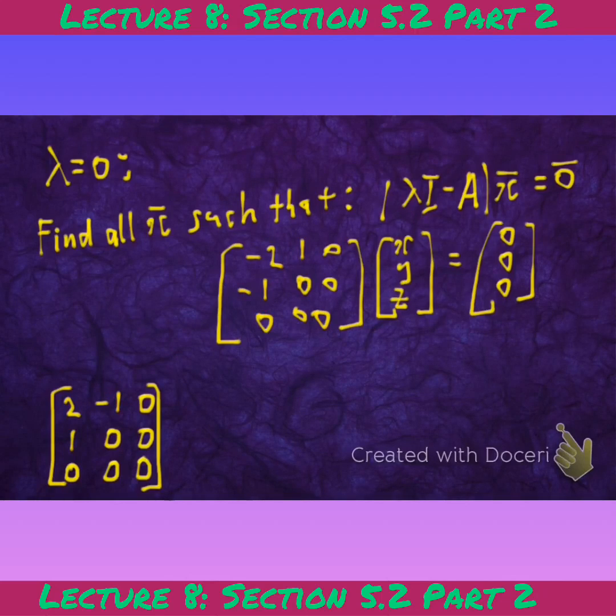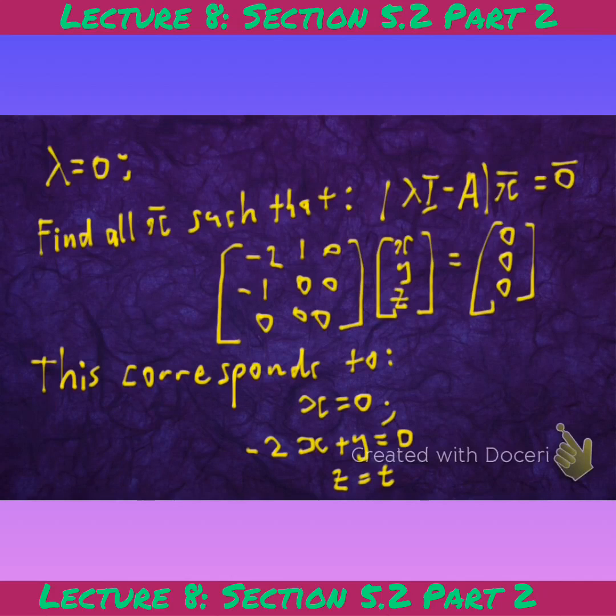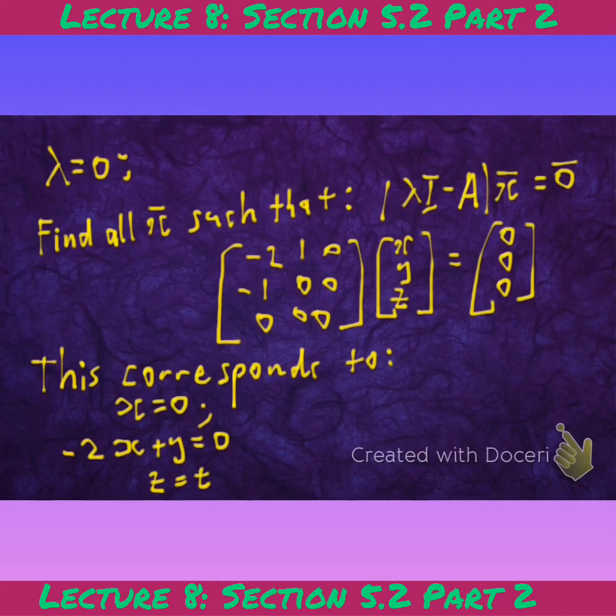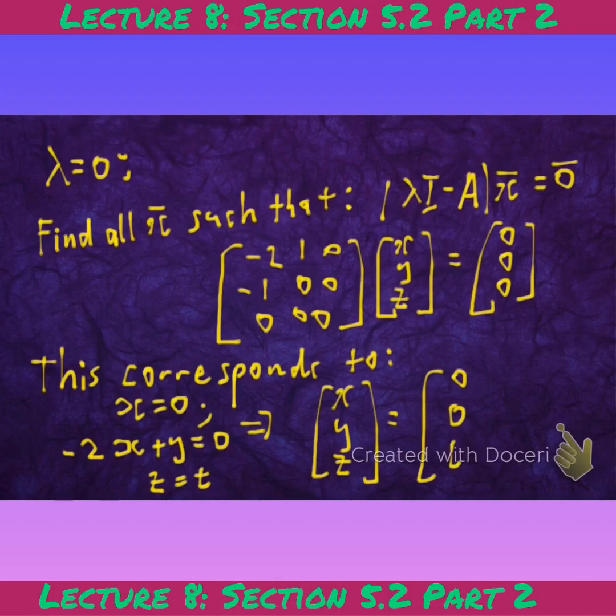So that corresponds to that linear system, and so that implies that this vector x, y, z needs to be of the form, and again that's going to imply my basis is going to only have one vector.